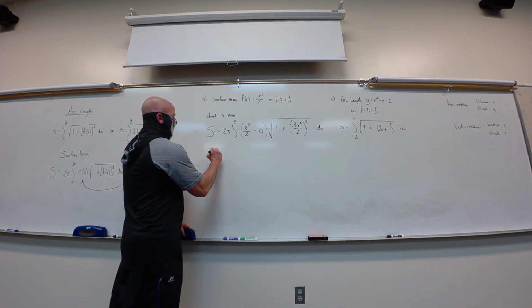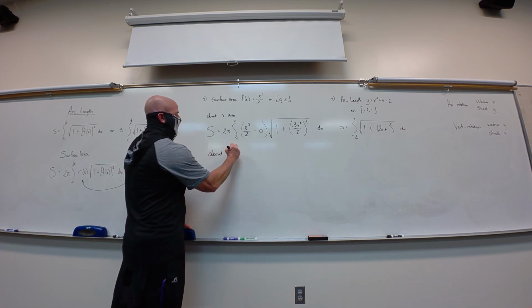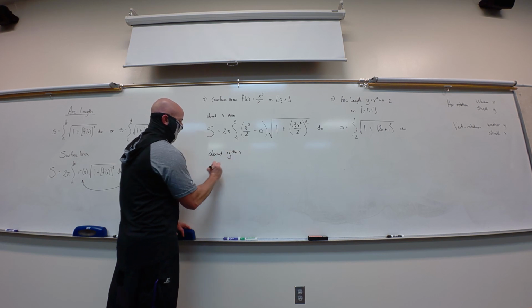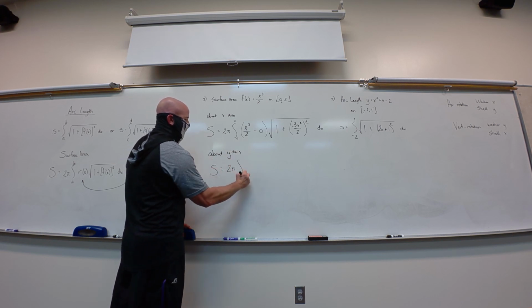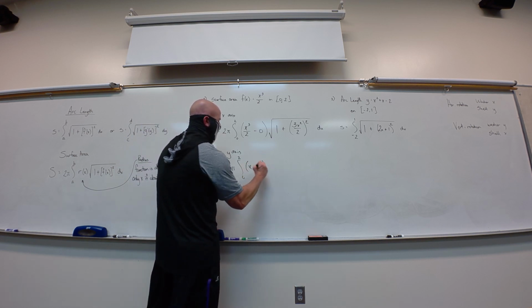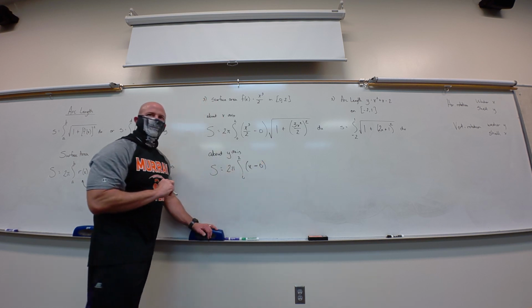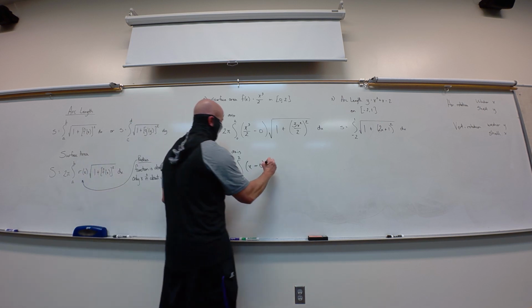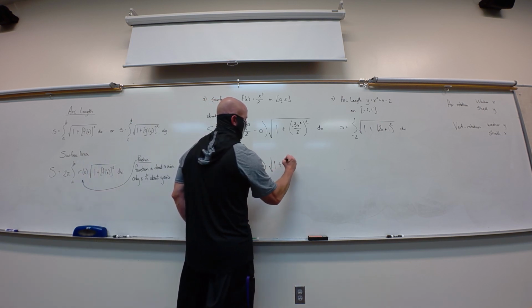If we're going about the y-axis, s equals 2 pi integral from 0 to 2, out front here is x minus 0. And then here comes my arc length.